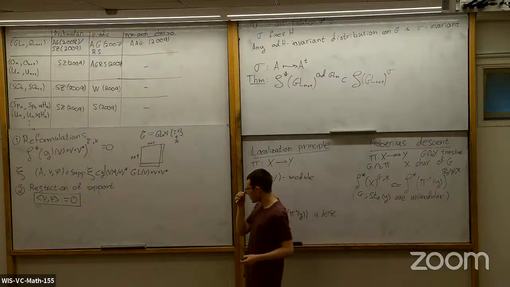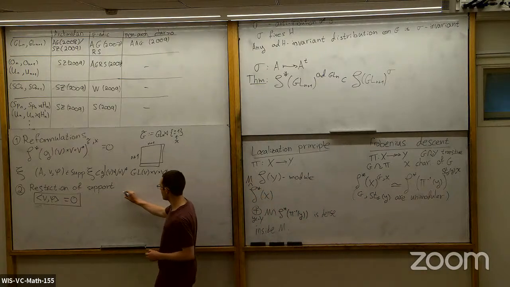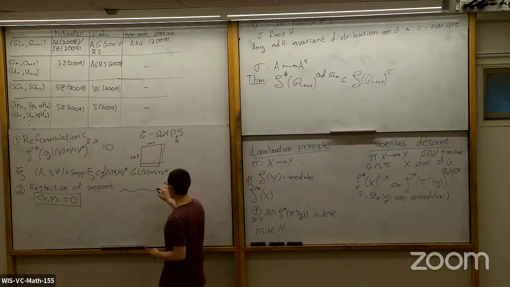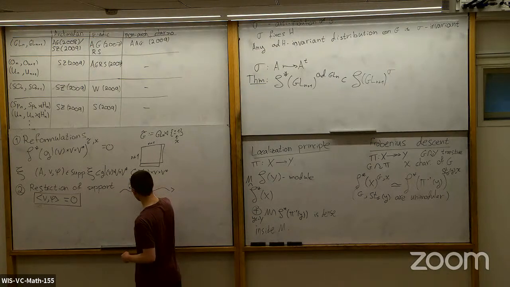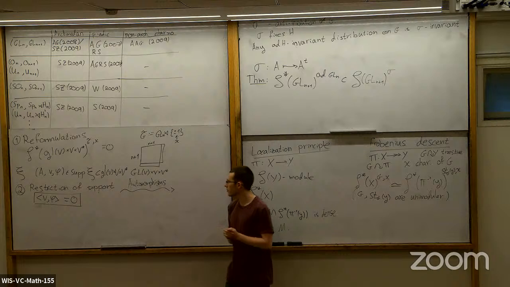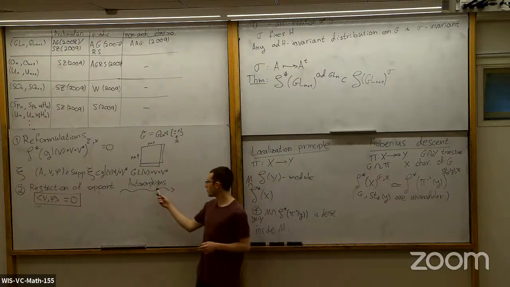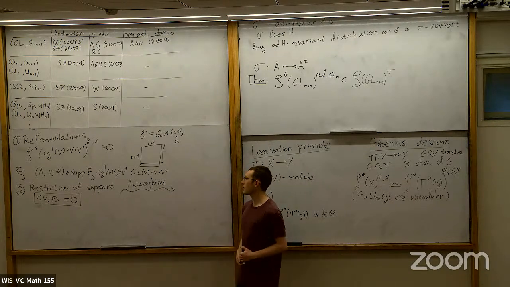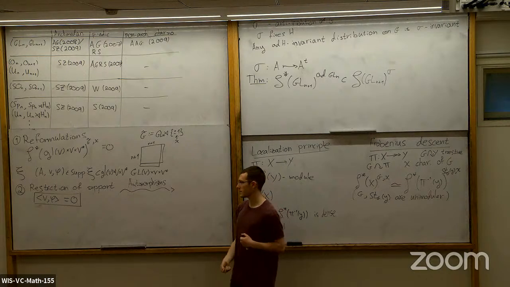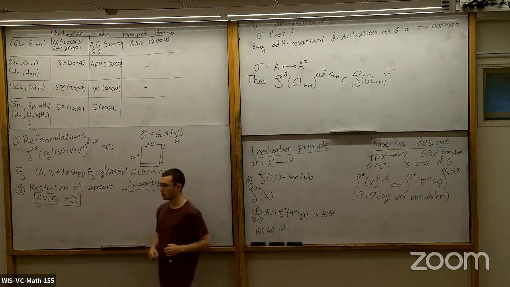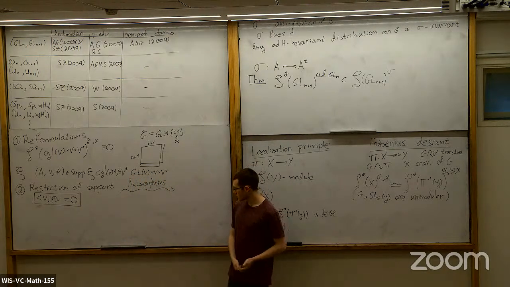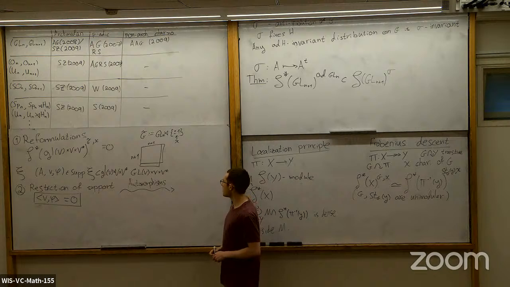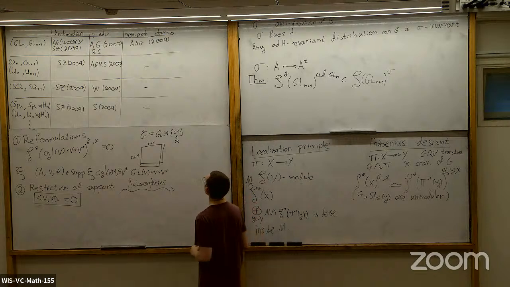So the tool that we use here is automorphisms. We want to find some automorphisms of the whole problem, then apply these automorphisms, and then use this claim to restrict the support even further.